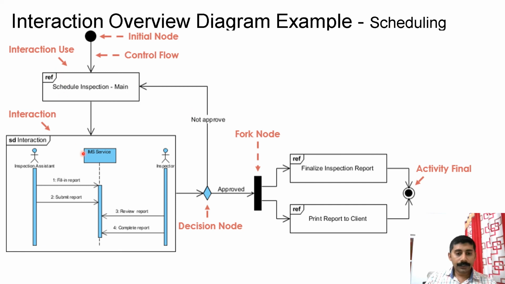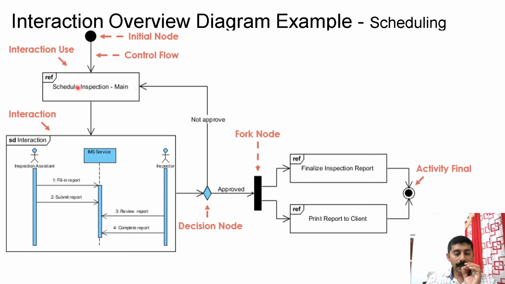Here you can see interactions. So this is a kind of activity diagram. See, these are the initial node syntax, control flow, the decision; all these syntax are from the activity diagram. And one node is an interaction use, which refers to an activity or a sequence diagram present in some other diagram.